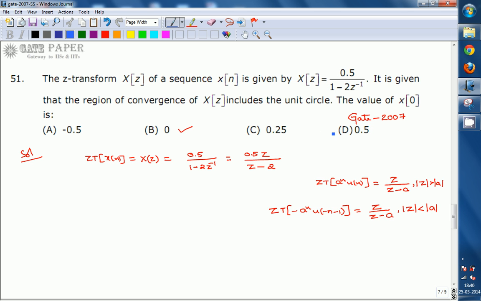Here it is given that the region of convergence of X(z) includes the unit circle.